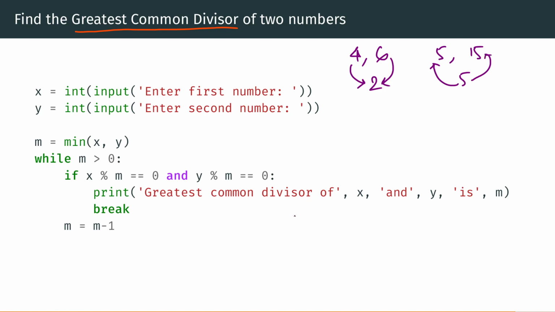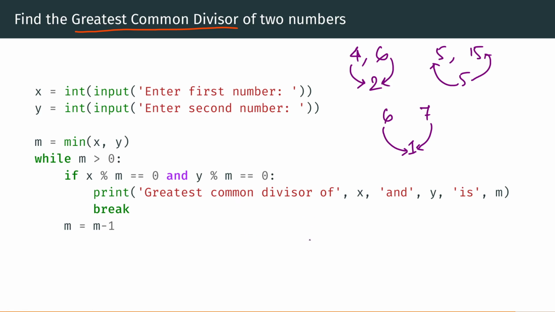Sometimes the answer would be 1. For example, if the numbers are 6 and 7, the answer would be 1, because 1 is the only number that divides both 6 and 7. There is no other common number between these two.